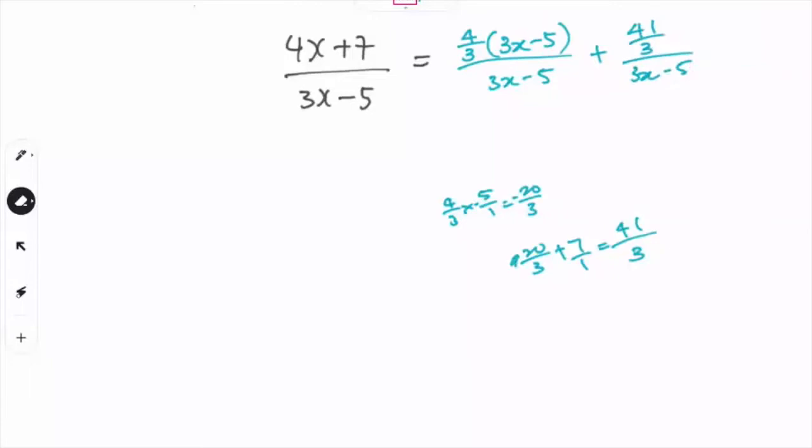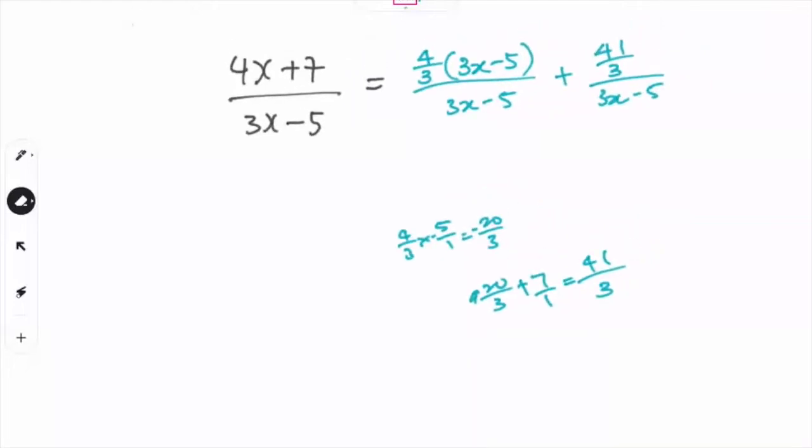Like that? Wrong? Correct. This one, 4 over 3 times 5. 4 over 3 is 20 over 3. 4 minus 20, so plus 41 over 3.